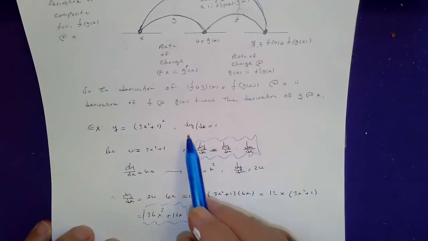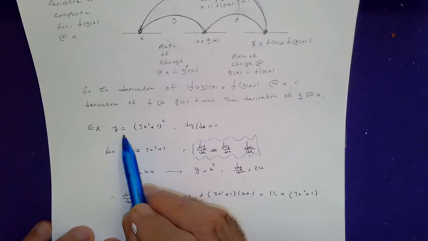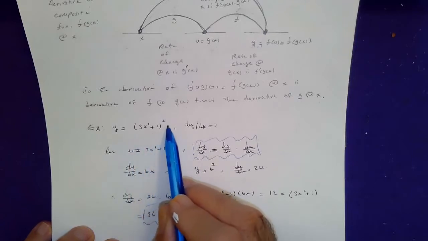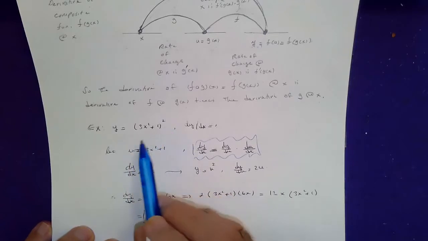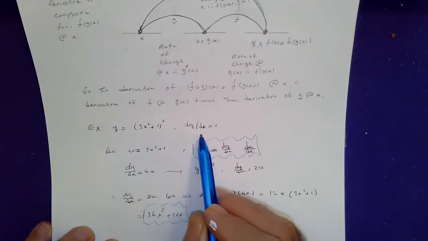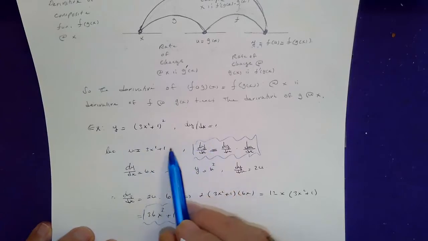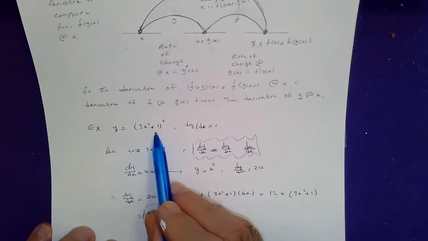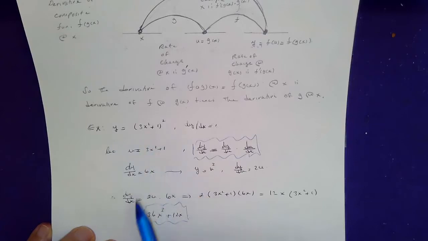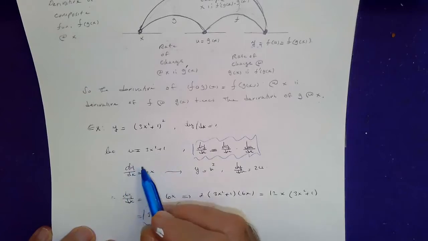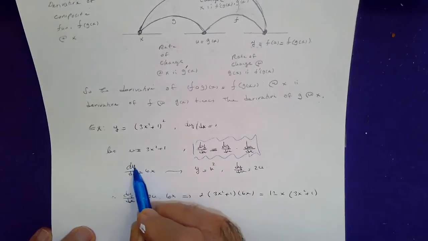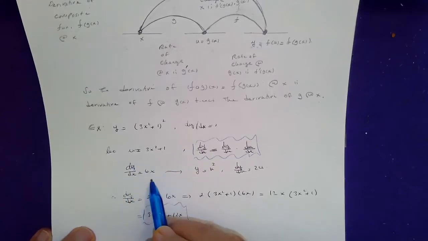Okay, you remember this example. y is equal to (3x squared plus 1) squared. How do we take the derivative of this in single variable calculus? We let u be 3x squared plus 1. So du/dx is equal to 6x.